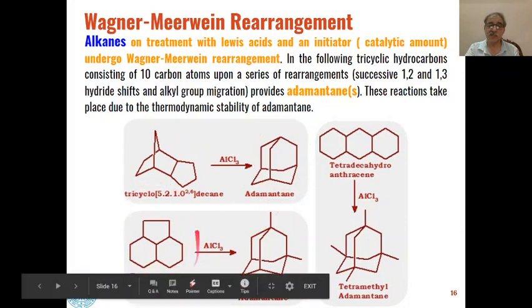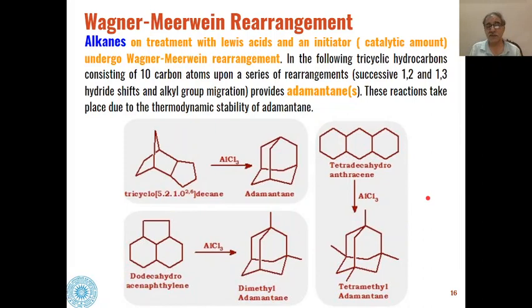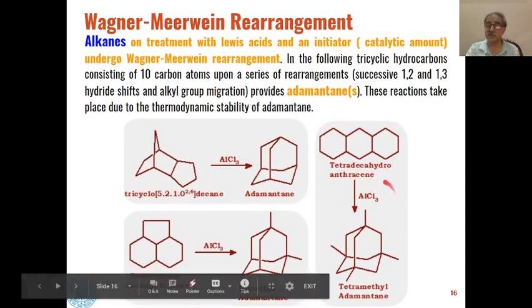Similarly, this type of tricyclic compound, dodecahydroacenaphthalene, is converted into dimethyl adamantane in the presence of anhydrous aluminum chloride. And tetradecahydroanthracene in the presence of anhydrous aluminum chloride is converted into tetramethyladamantane.